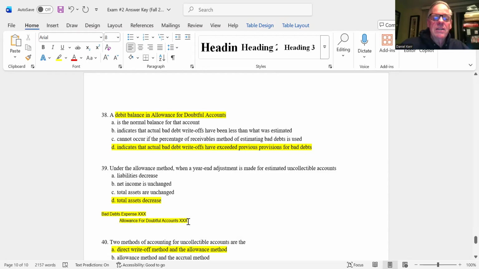Allowance for doubtful accounts is an asset account, or contra account. So of the choices given, this entry has no effect on liabilities. It's going to reduce net income because you have bad debts expense. So that's wrong. Total assets are unchanged. That's wrong because the allowance for doubtful accounts is subtracted from accounts receivable. So you're actually going to end up with a decrease in the assets. So the answer there is D.